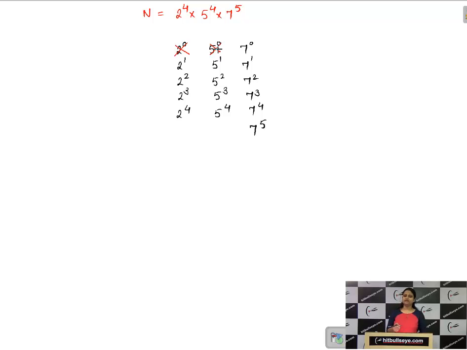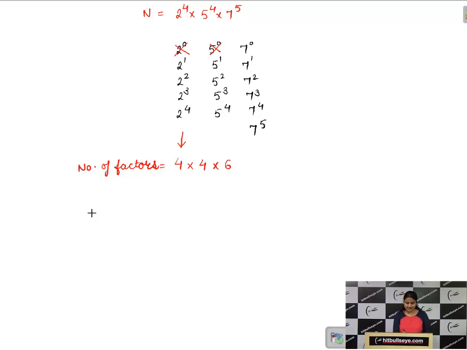That's why we will drop these two powers, 2 raised to power 0 and 5 raised to power 0. So how many permissible powers? They are 4 into 6. So these many numbers are possible. These are the number of factors which are ending in 0.